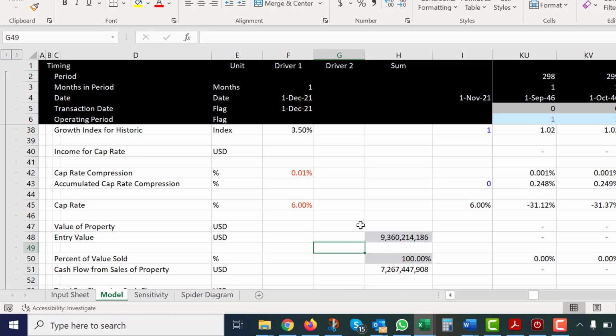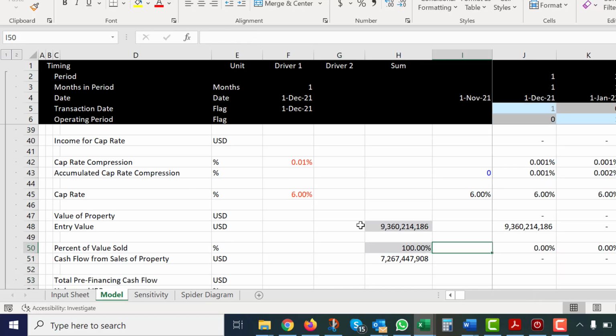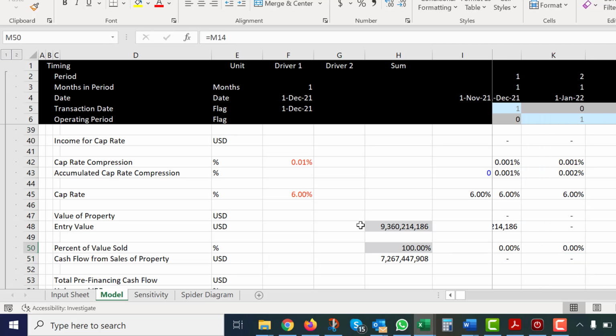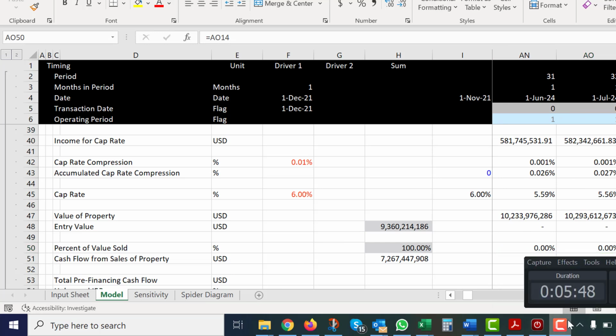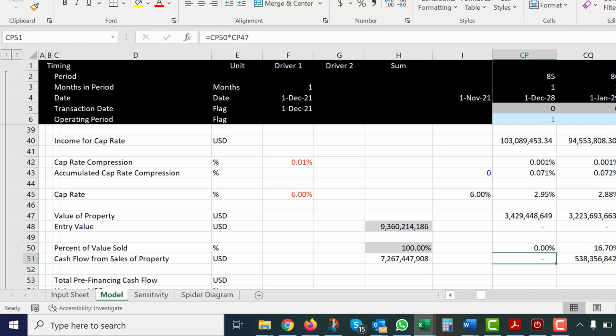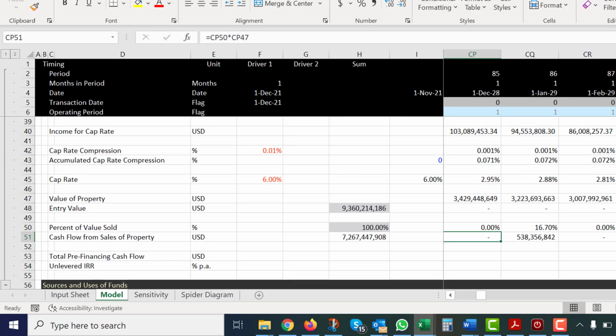The sum already told us there's something wrong here because we're selling all of it, and we should be selling it at a higher cap rate than we started. I've got to pause for just a minute to figure out what's going on here. Now I can't see the error here. I can't see any error here.